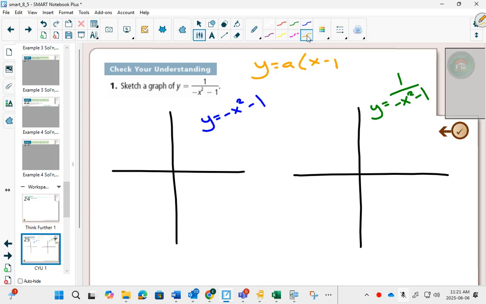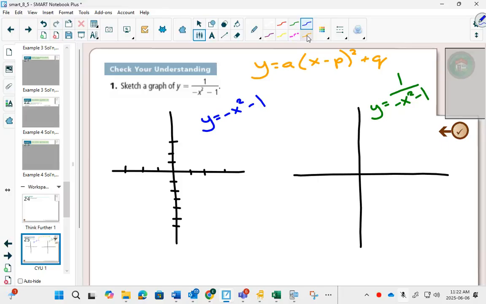A, x minus p squared plus q. Is it in that form? Yes. What is the vertex? If that is in vertex form, we should be able to use P and Q to make our vertex. My vertex is at 0, because there's nothing with the P, right?